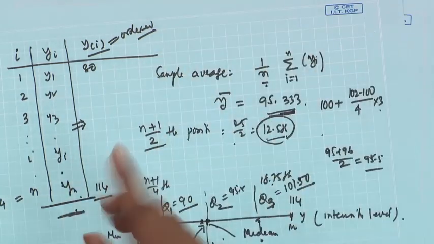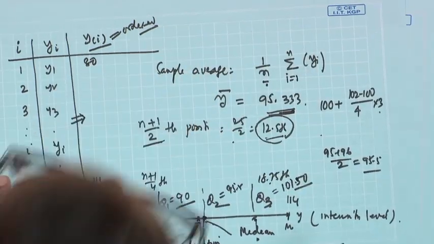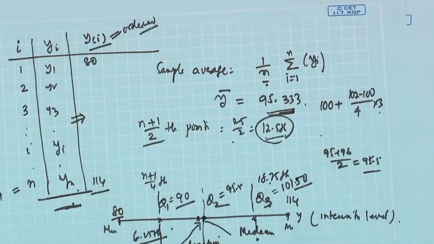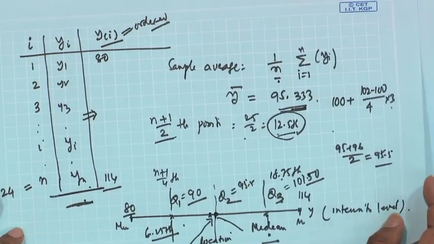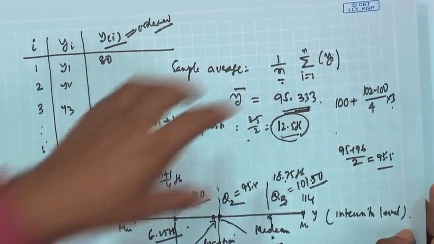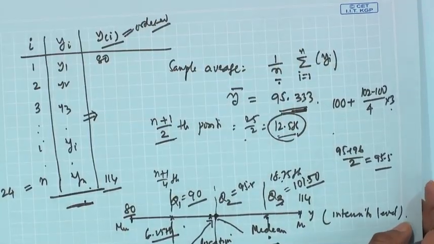That means a multimodal case, 3 modes. But as the data set is very small, whatever may be there, fine. So, this is what mode is.